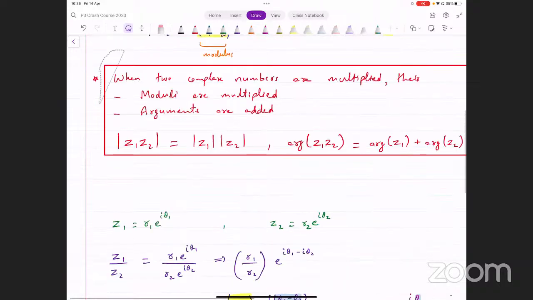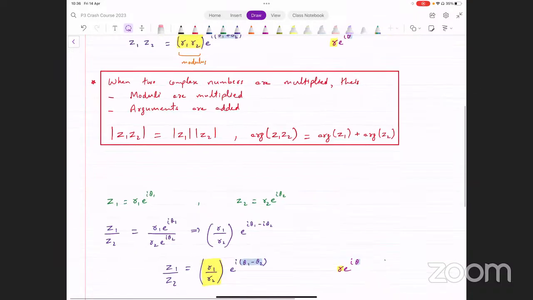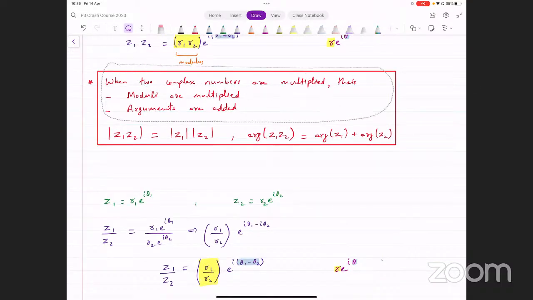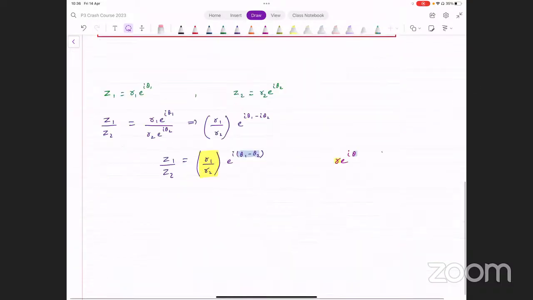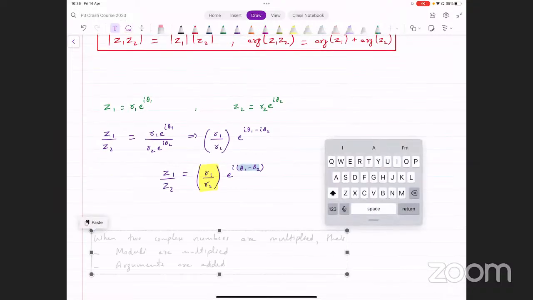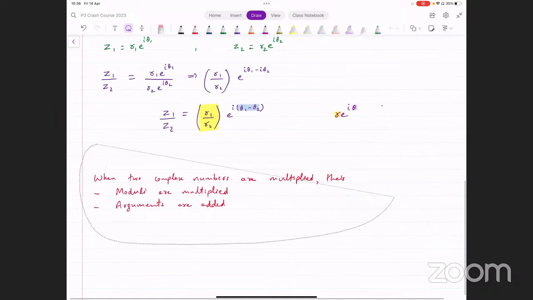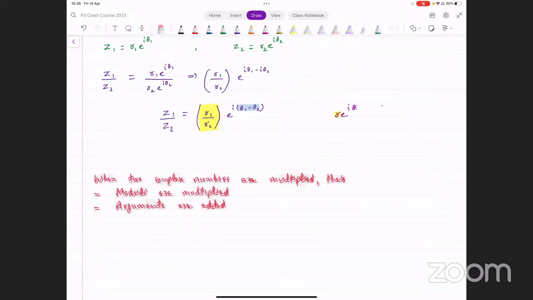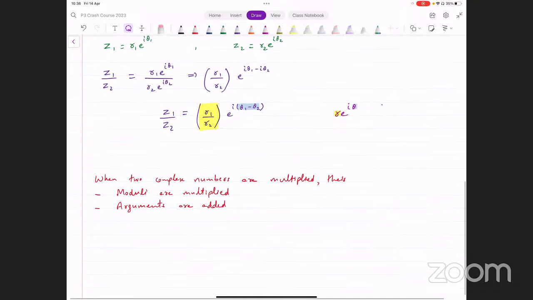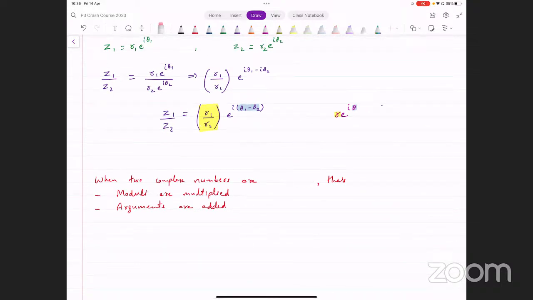If I were to use the same language for this other result as well, this is how I could write this down. I could say when two complex numbers are divided now, so instead of multiplying, let's say they are divided.